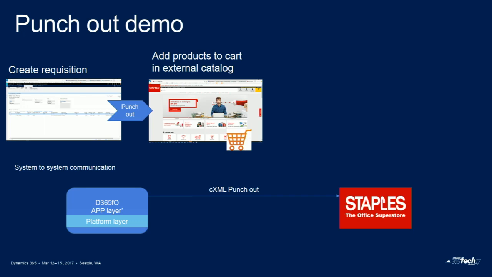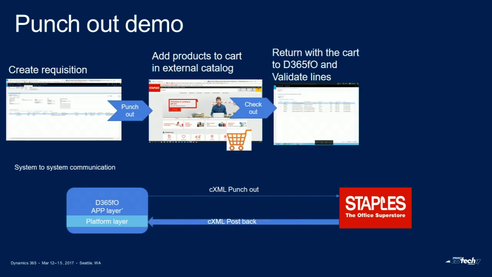But on the user layer here, we are adding products to the cart in the external catalog, and we're checking that out. When we check out, a post-back message comes back with all the nice products and information about prices and so on into my requisition. Then I validate, well, does it look right?